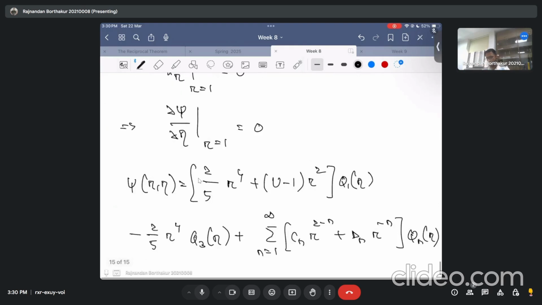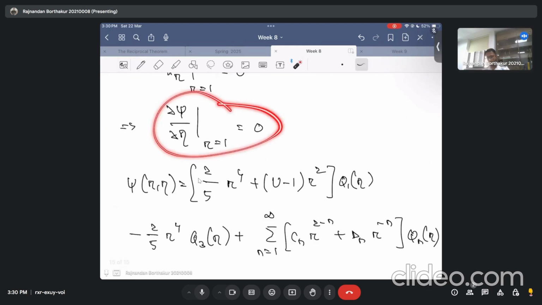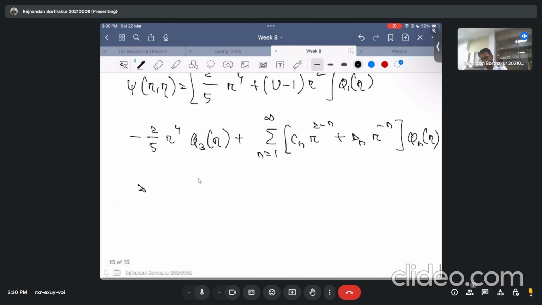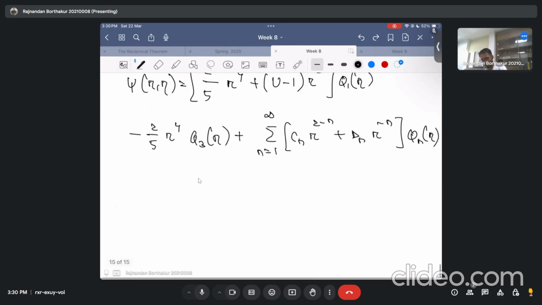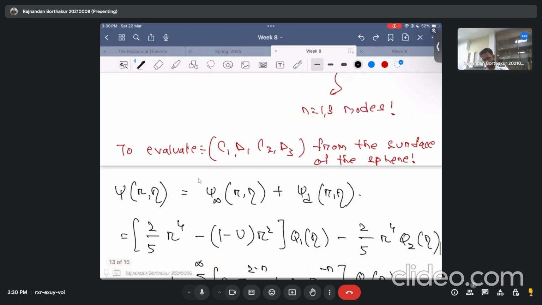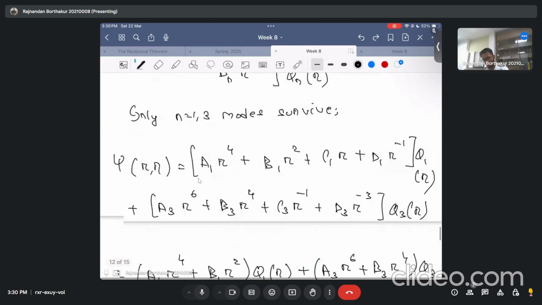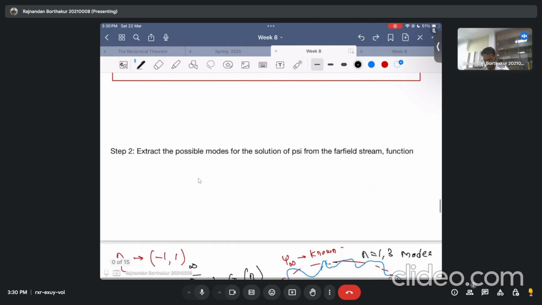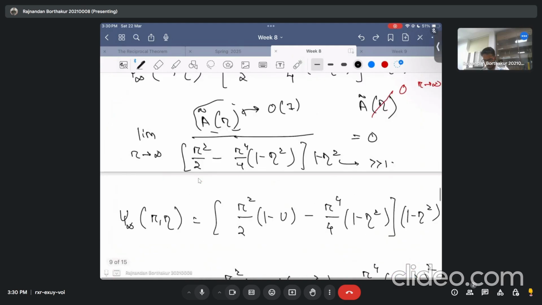All right. So now let's use this boundary condition. If we use the fact that del psi by del eta is equal to 0, then what do we have? Let's name these equations. Did I number some equations here?